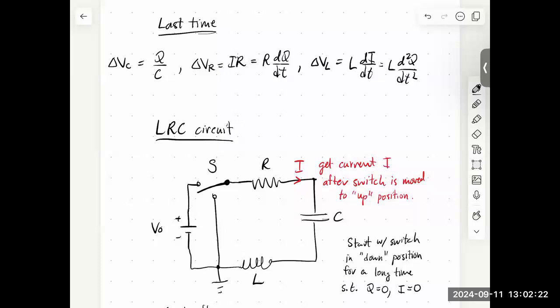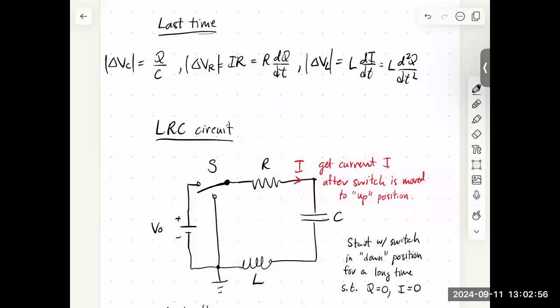All right, so last time we talked about the voltage across a capacitor, resistor, and inductor, and I'm worried just about the magnitude of these voltages for right now. Then we said, okay, what would happen if we put all of these components in series in a circuit with a battery? I drew the switch in a different geometry today than last class.